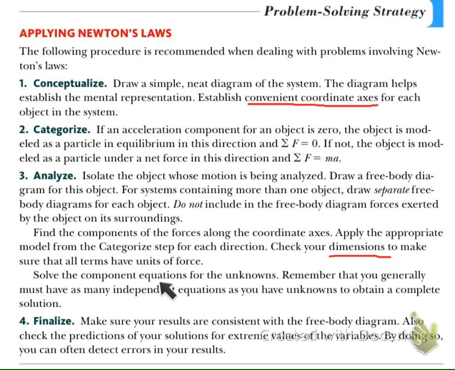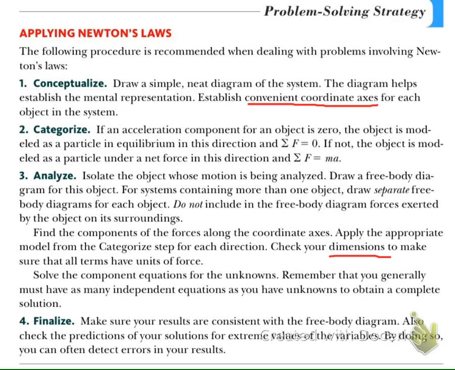Solve the component equations for the unknown. Remember that you generally must have as many independent equations as you have unknowns to obtain a complete solution. This is the rule for the algebra. If you have two unknowns, you need two equations.